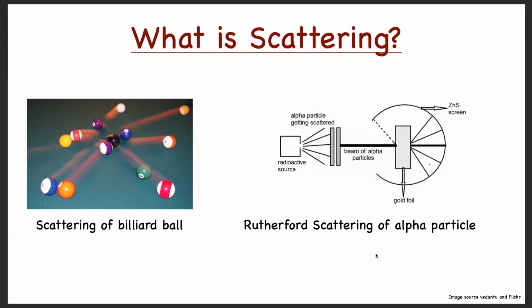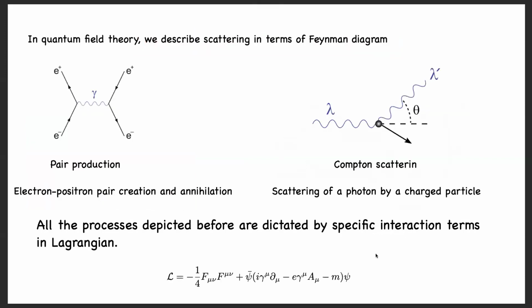So we have been studying scattering for a very long time. In quantum field theory, we represent this type of scattering with Feynman diagrams. In this Feynman diagram, an electron and a positron annihilate into a photon, and then they create an electron-positron pair again.